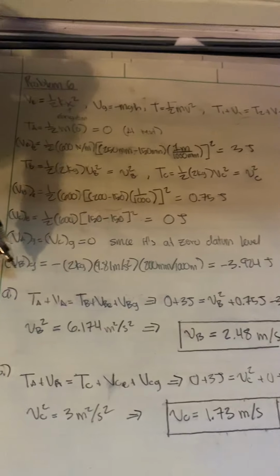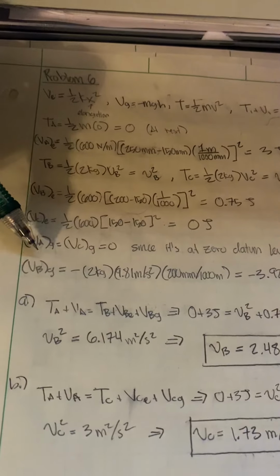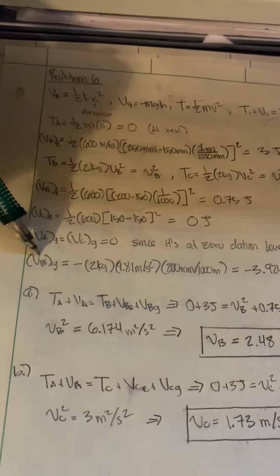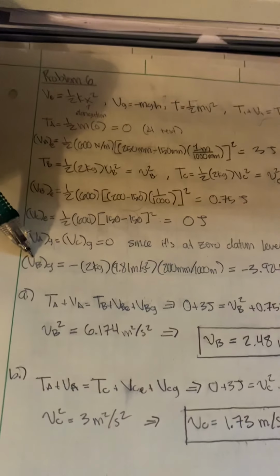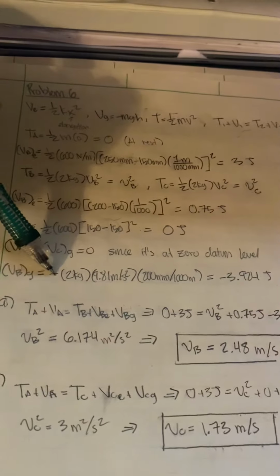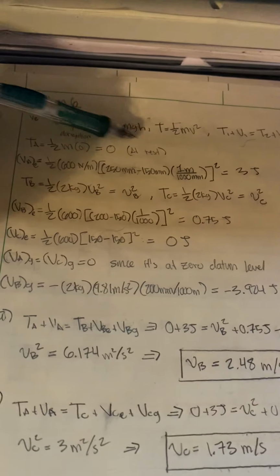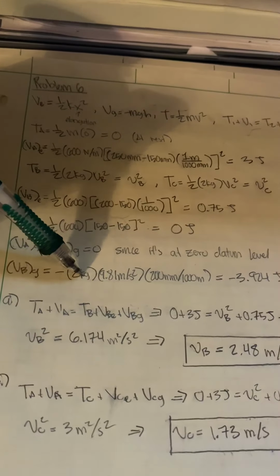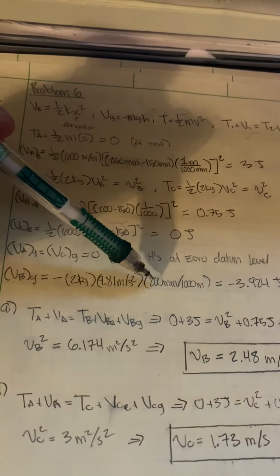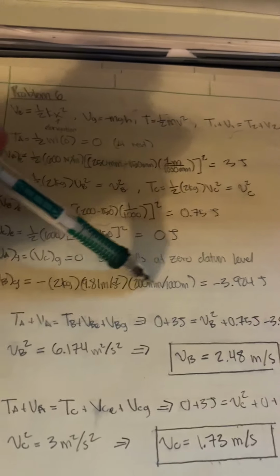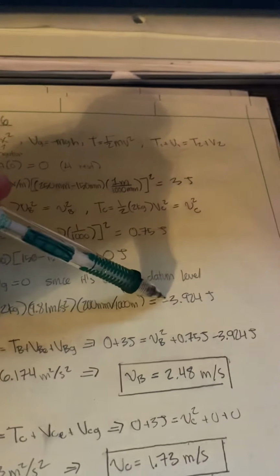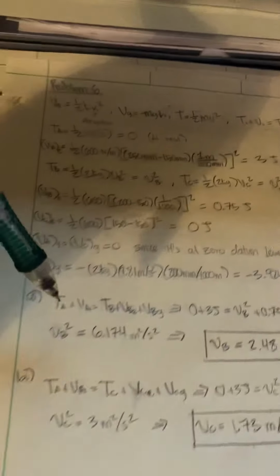So we solve for the gravitational potential energy at point B with this equation right here. We have the mass, the gravity, and then the height, which is 200 millimeters. Convert that to meters, and we get negative 3.924 joules.